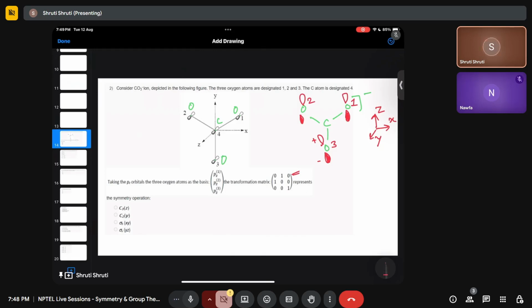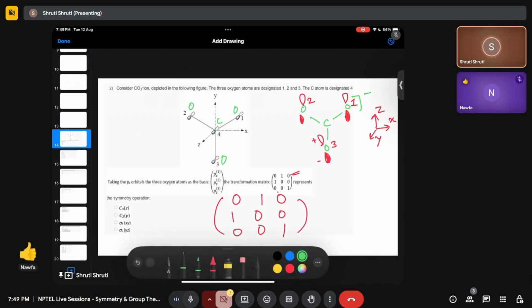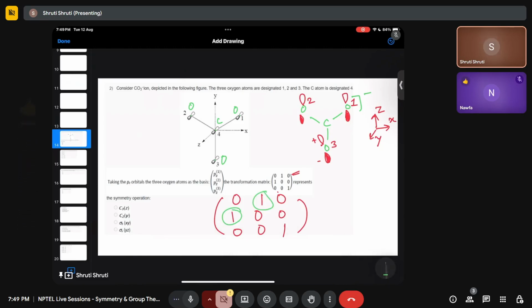Now here you see that in this transformation matrix, it is not a diagonal matrix, right? You see it has some off diagonal elements, this one and this one. Off diagonal elements mean mixing of orbitals, mixing of coordinates. In this case, the basis is an orbital, so we will write it as mixing of these orbitals.